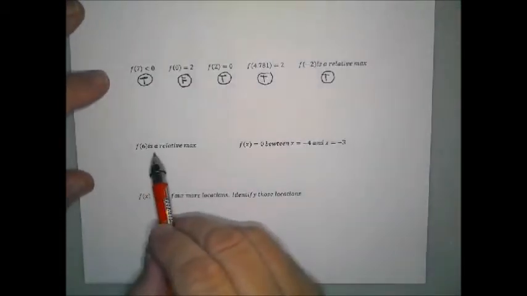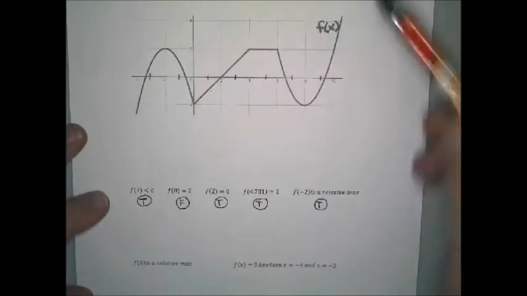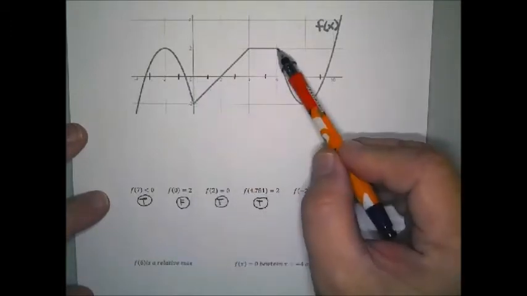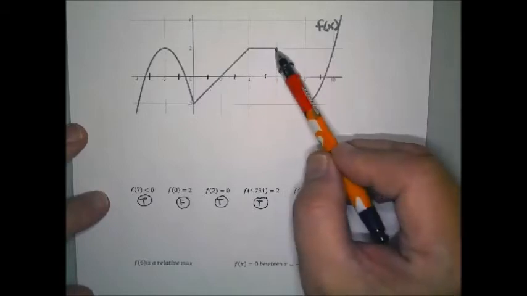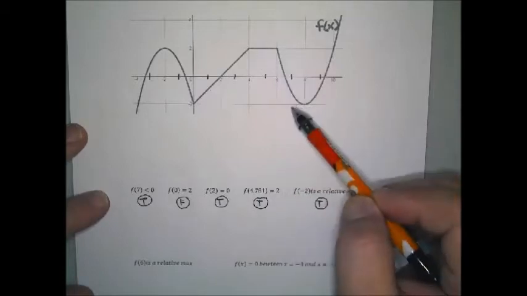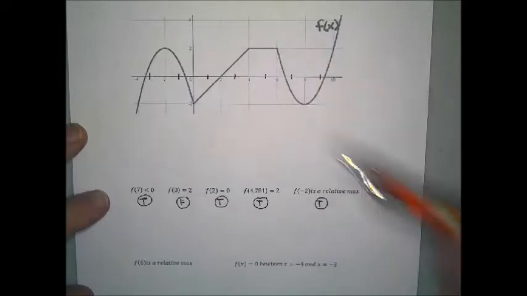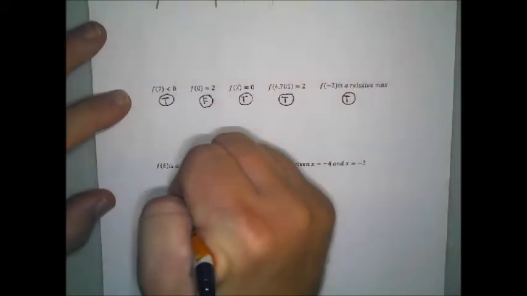F of 6 is a relative max. So, on the f function, when we have a value of x equals 6, is that a relative maximum? And the answer is no, because it comes straight across and then goes back down. Remember, for a maximum, it needs to come up and then immediately turn and go back down. So that's false.